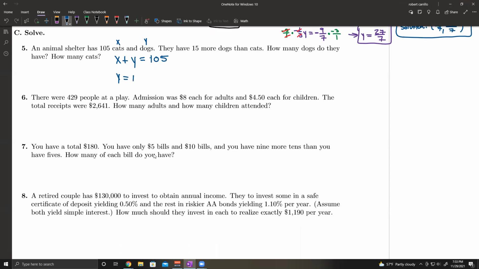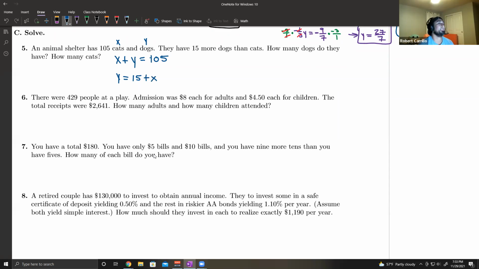Yeah, you almost had it. Would it be y equals 15x? If it's 15x, then this means they have 15 times the amount of cats. But we only have 15 more dogs than cats. So 15 plus X. There you go. Man, that'd be a lot of dogs, huh?